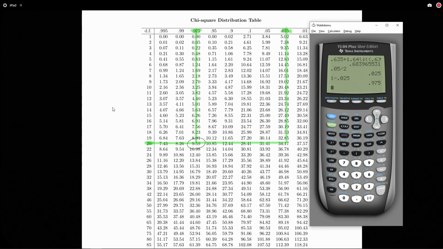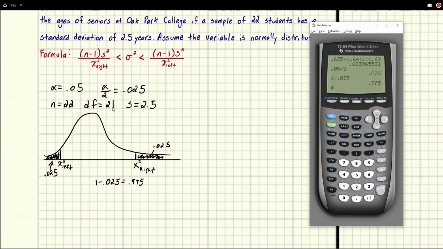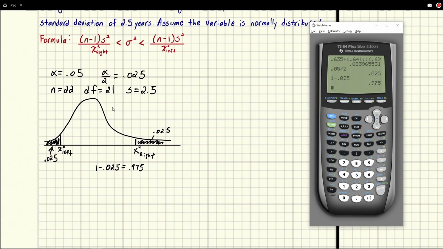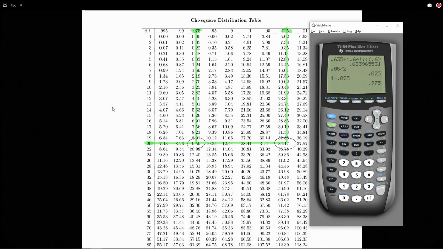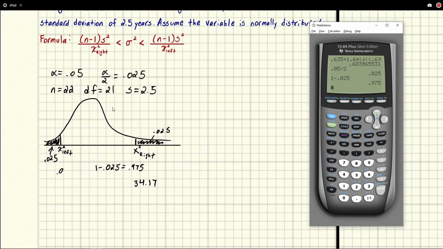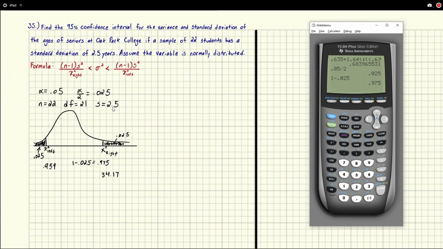So we're going to have these as our chi values. For the 0.025, we got 34.17. And so our chi right is 34.17. And our chi left is 9.59. Now, normally they don't draw the picture. I just think the picture is helpful.